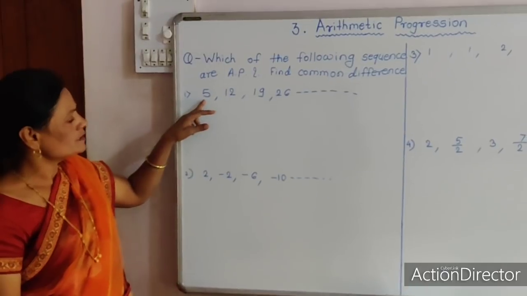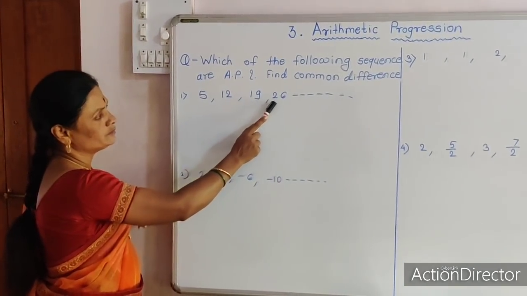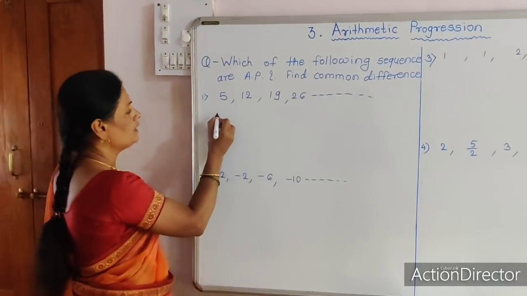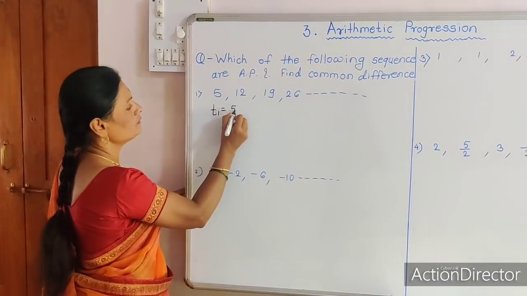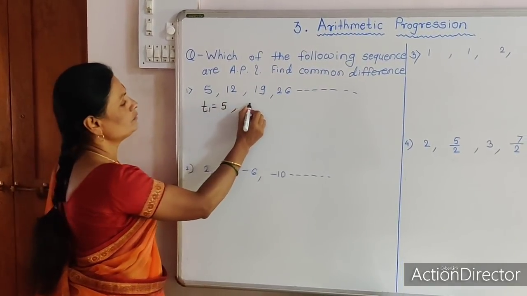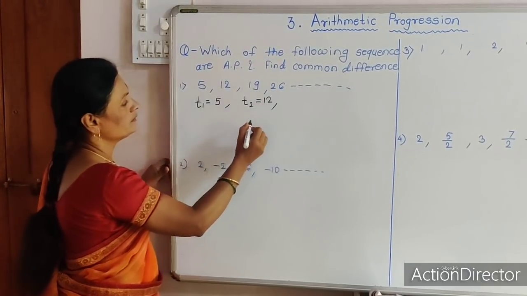Here the sequence is given: 5, 12, 19, 26. From this we identify the first term T1. T1 is equal to 5. This is the second term T2. T2 is equal to 12.